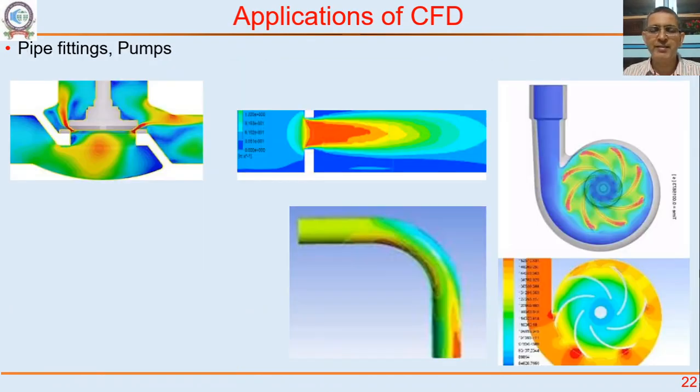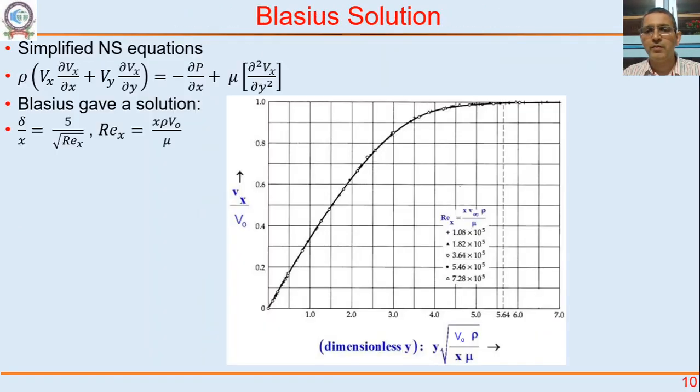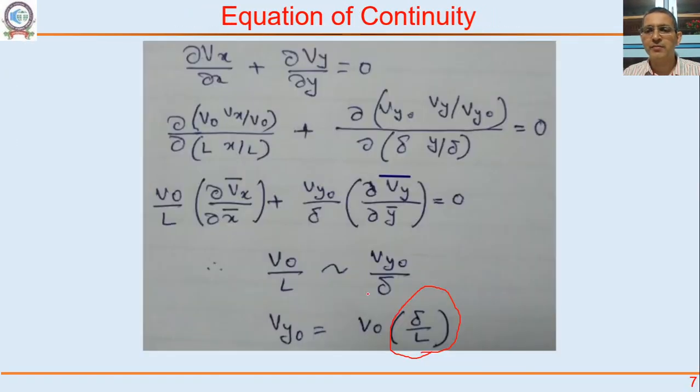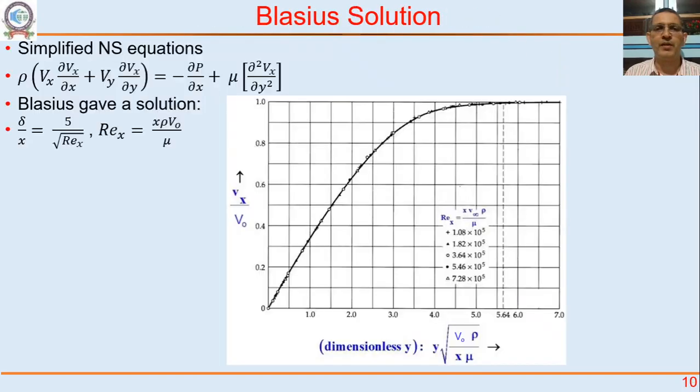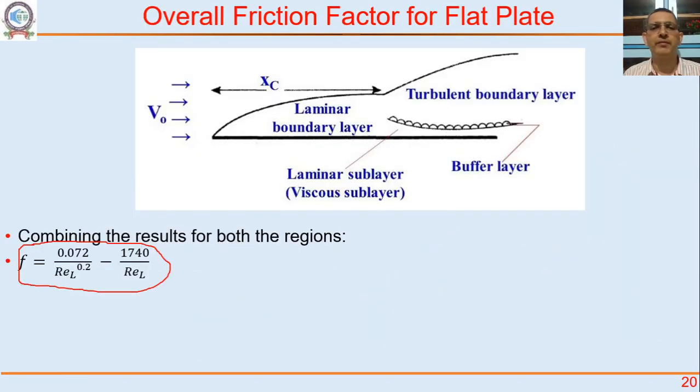So this analysis is not applicable for delta by L large. It is applicable only for places where boundary layer separation has not happened, where it is nice and sticking to the plate, right? You can use this expression wherever boundary layer is not separating, and it's only for flat plate. Okay.